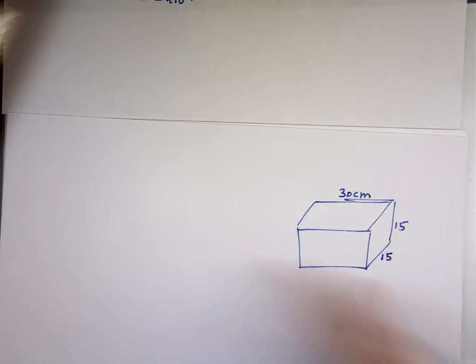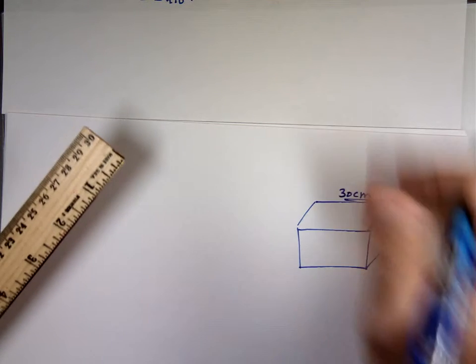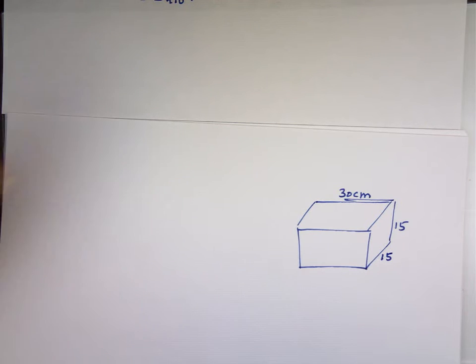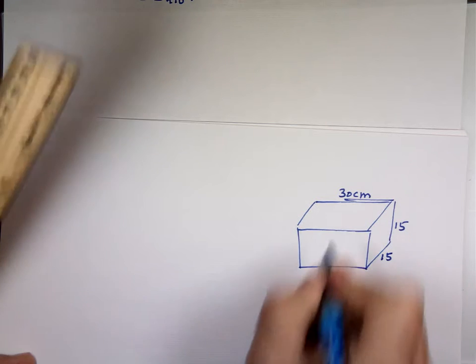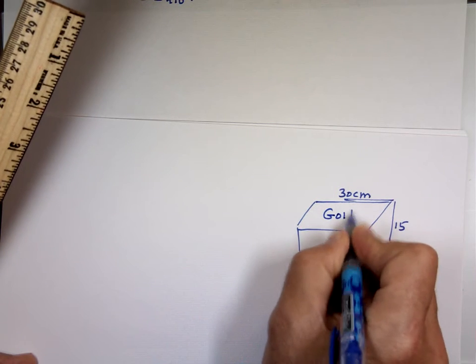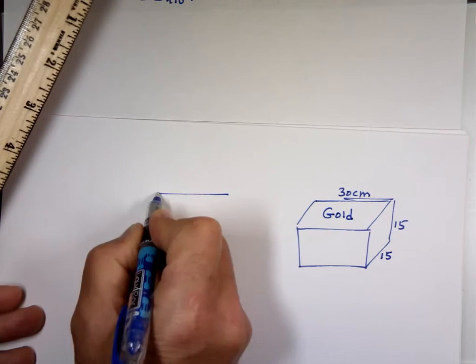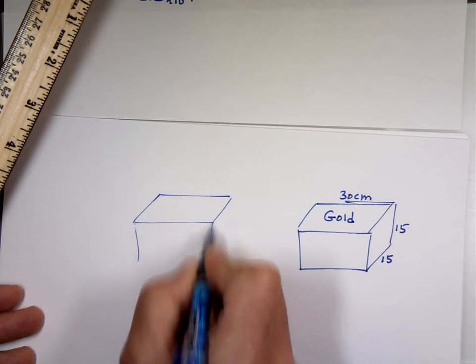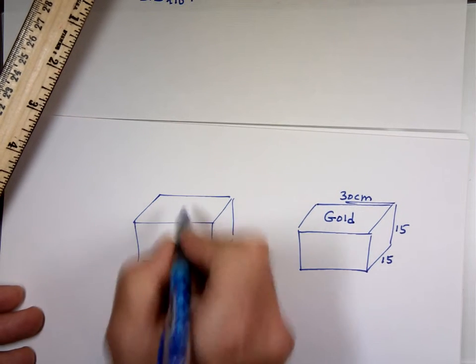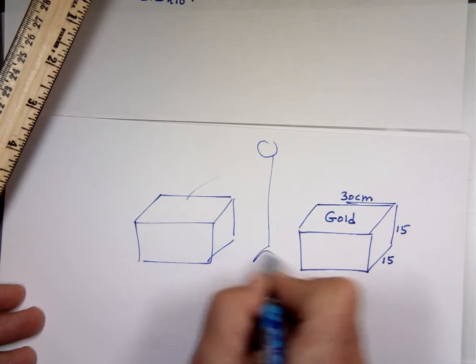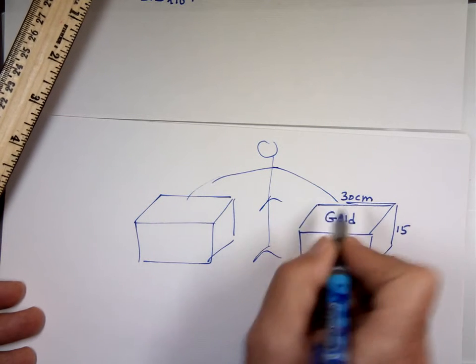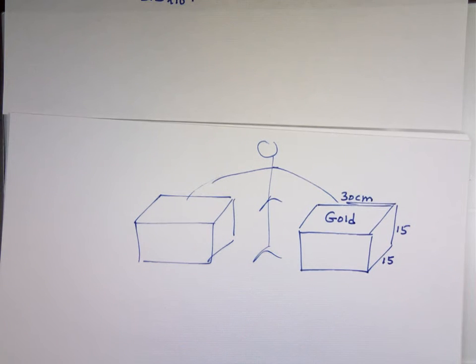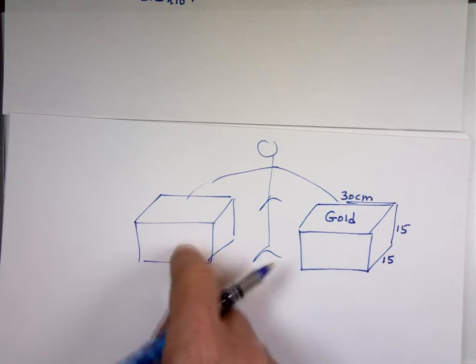So a foot long by half a foot wide, half a foot high. If that's filled with gold, they show the thief coming out of the bank, carrying 2 of them in his hand. There's the thief here, walking out with 2 of these gold things. Well, let's see if that's really close to reality. How much weight is he carrying?